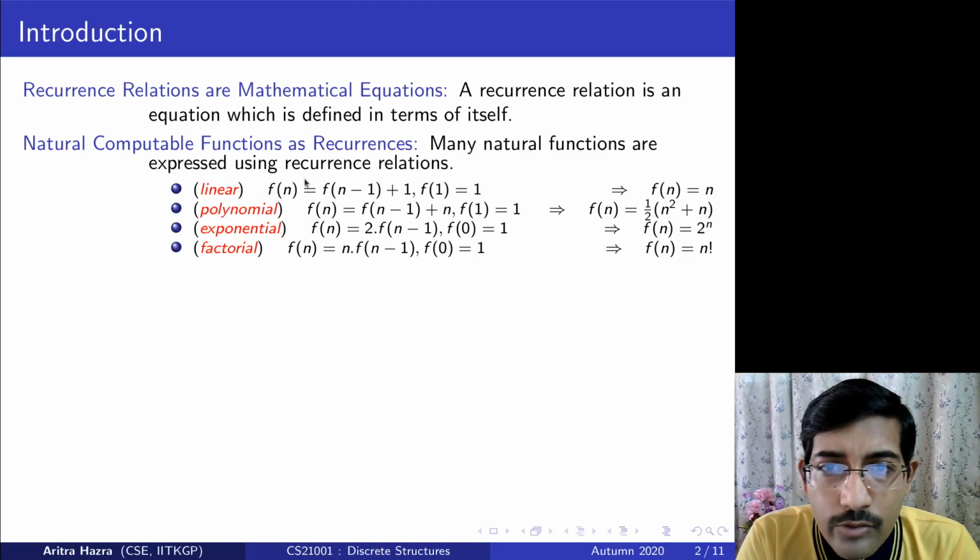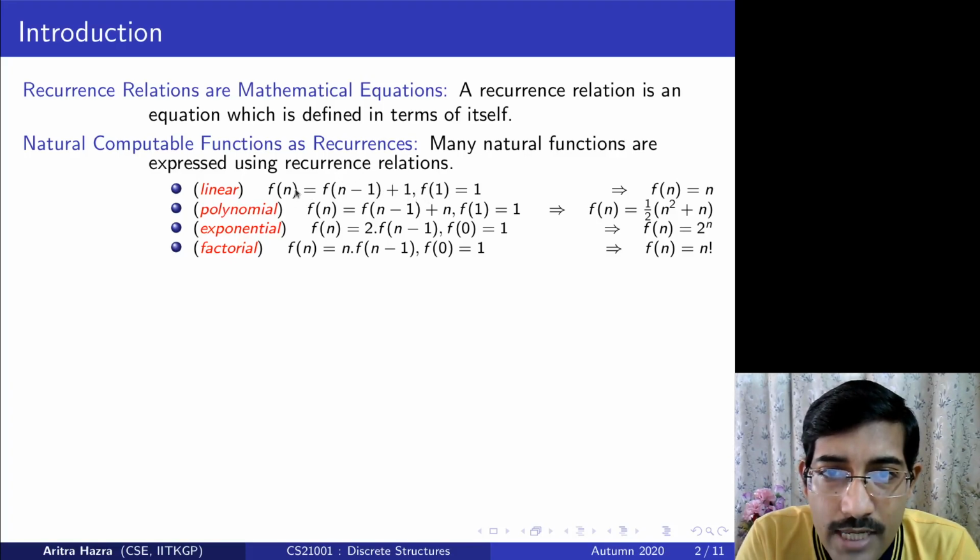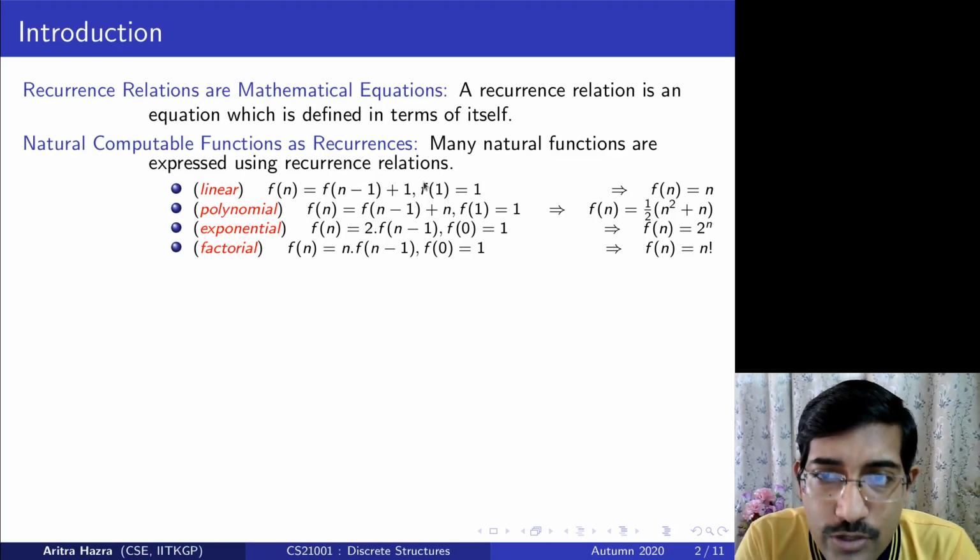This goes down till we reach a certain base condition. Either it is f1 or f0, we have to define that base condition, because if we try to compute what fn does, we have to iteratively compute what fn minus 1 does, and then fn minus 2. Somewhere we need to stop and get the value which is f1.